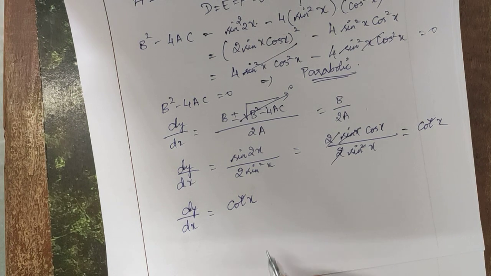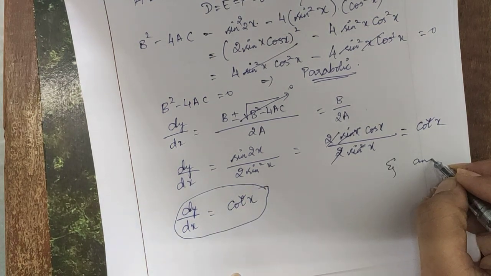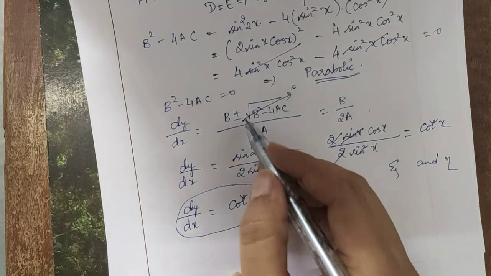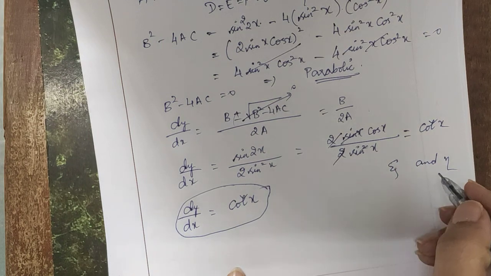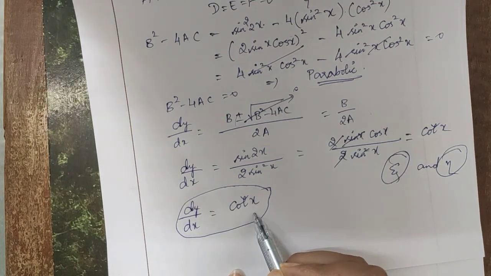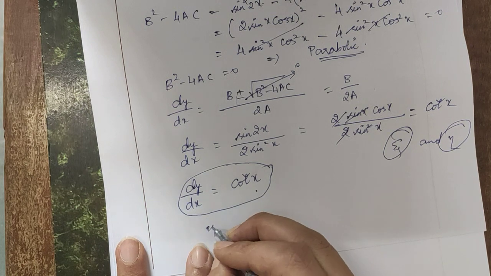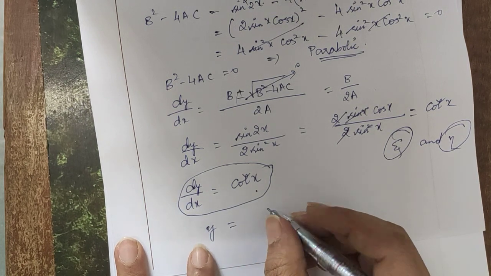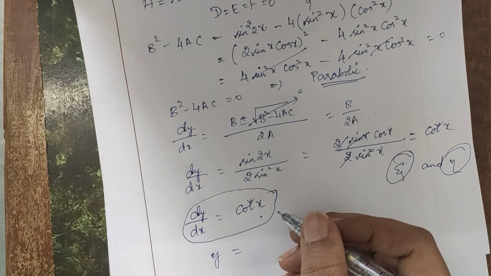So what is our next step? We have to integrate this in order to find the values of xi and eta, right? If I had a plus or minus sign, then I would get two different values, one is xi and the other is eta. But here I have only one value. So what can we do further? First we will integrate this. If you integrate this, you will get y is equal to, what is the integration of cot x with respect to x?